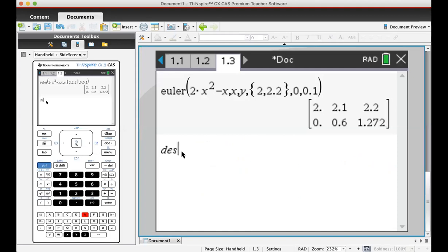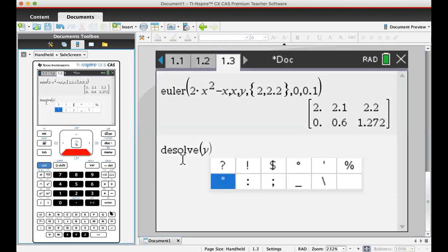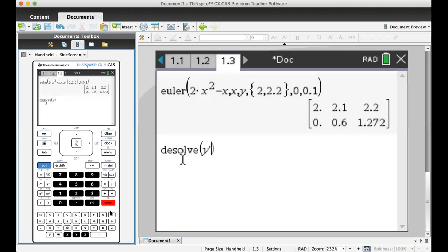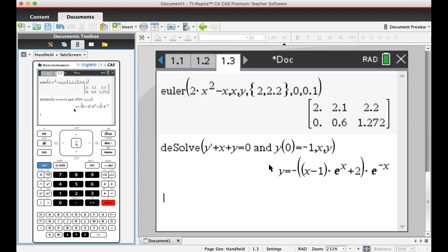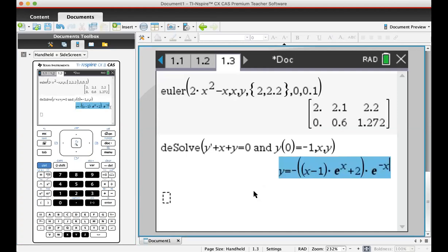There we go. DSolve y' + x + y = 0, space and space, y(0) = -1, comma x, comma y. All right, a nice looking particular solution.